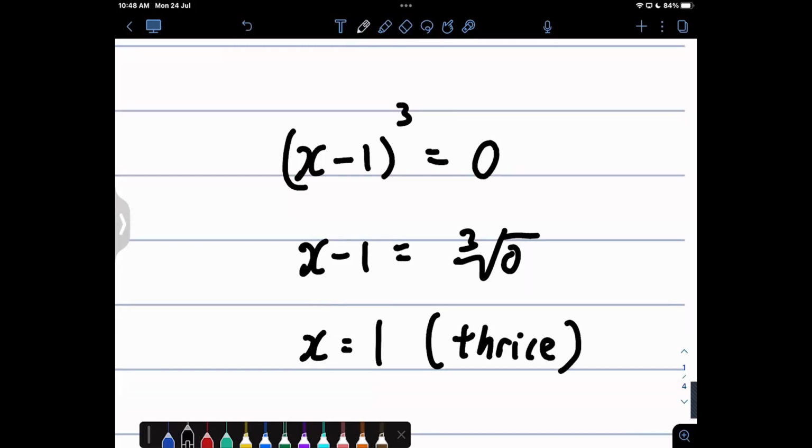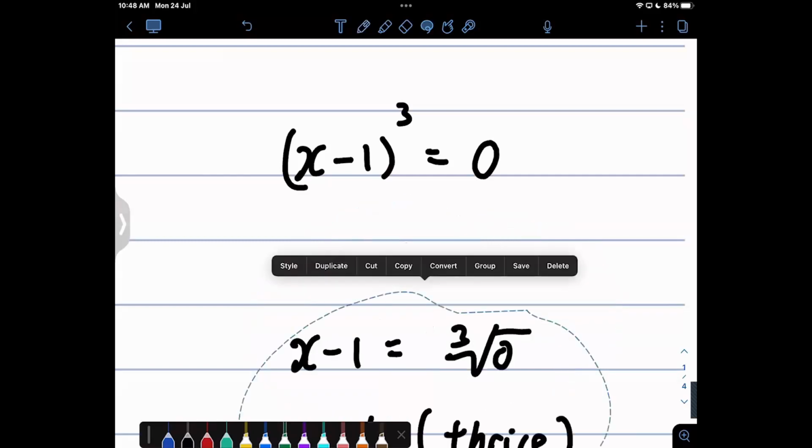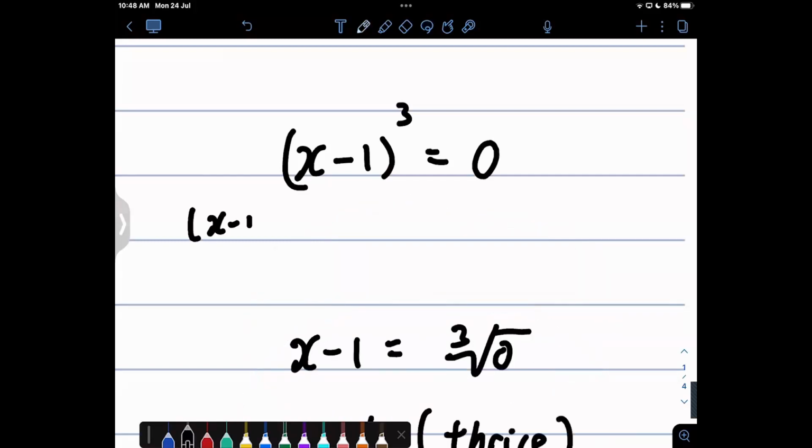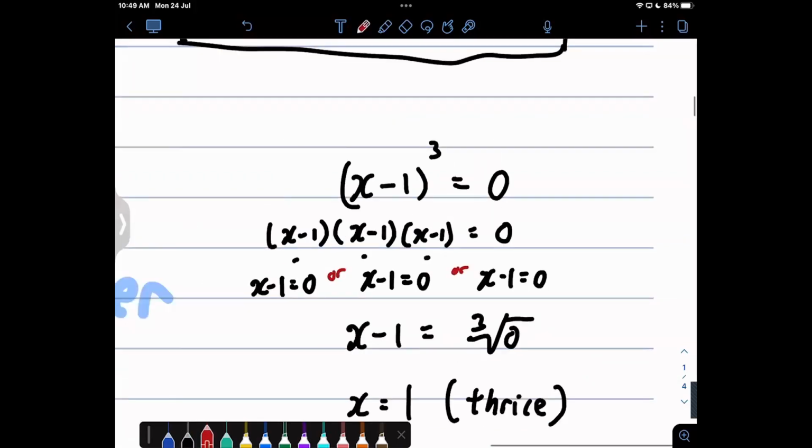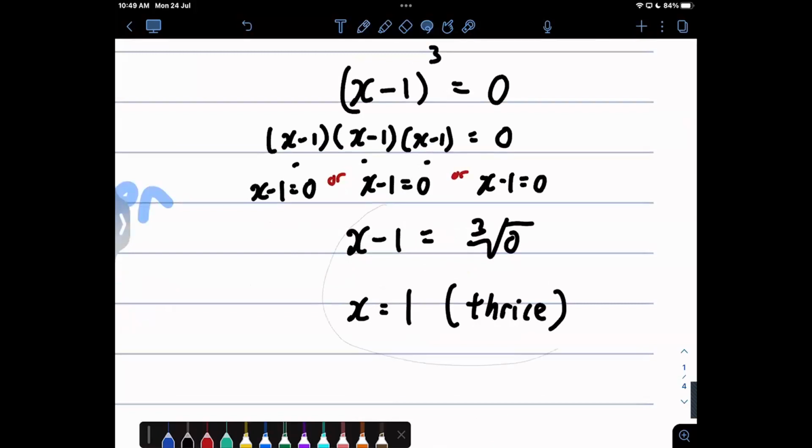So we say that this happens 3 times. Why? Because instead of taking cube root, you could reinterpret it this way. x minus 1 power 3 means just x minus 1 times x minus 1 times x minus 1. Then you have factor times factor times factor equal to 0, means each factor equal to 0, right? And then you connect them with an OR, logical OR, not AND. Then from there, you solve for x, you get x equal to 1, 3 times.